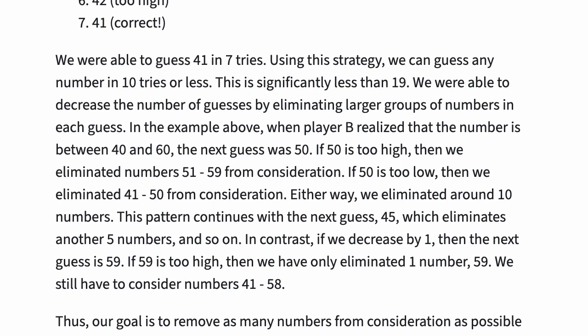Either way, we eliminated around 10 numbers. This pattern continues with the next guess, 45, which eliminates another 5 numbers, and so on. In contrast, if we decrease by 1, then the next guess is 59. If 59 is too high, then we have only eliminated one number, 59. We still have to consider numbers 41 to 58.